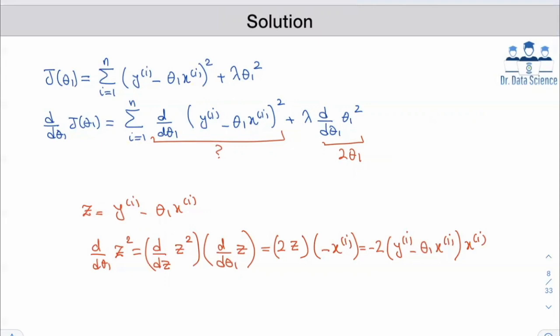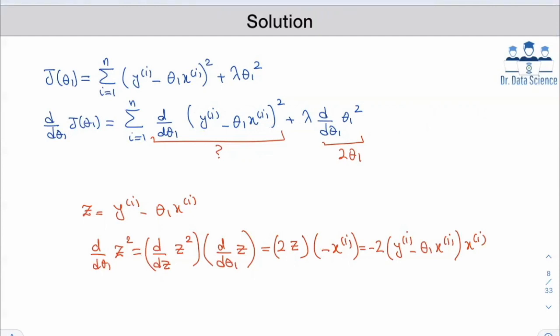However, we need to find the derivative of this square term here too. And if you feel comfortable with the chain rule, you can probably do this very quickly. But I will explain here how we can solve this in more detail. So the first thing is that we can give a name to whatever we have inside these parentheses. I like to call this z.